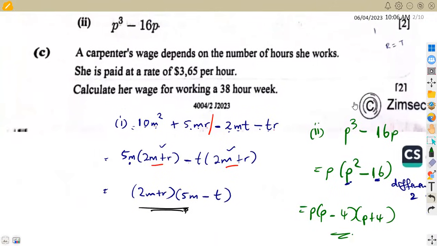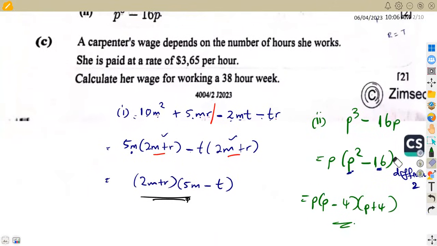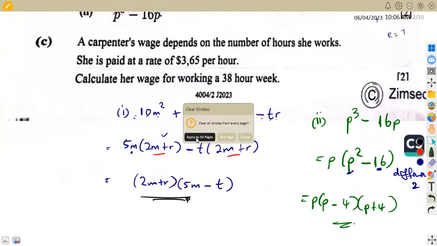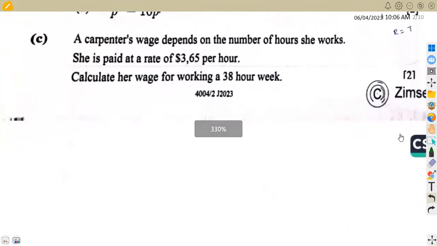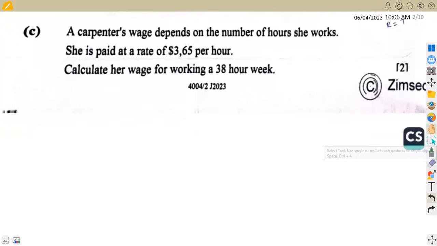And C, let's see the other part of C here, what we are given. We have got a carpenter's wage depends on the number of hours she works. Take note, we are given a condition that it depends on the number of hours she works. She is paid at a rate of $3.65 per hour, meaning each hour she's given $3.65, so that is $3.65 per 1 hour.